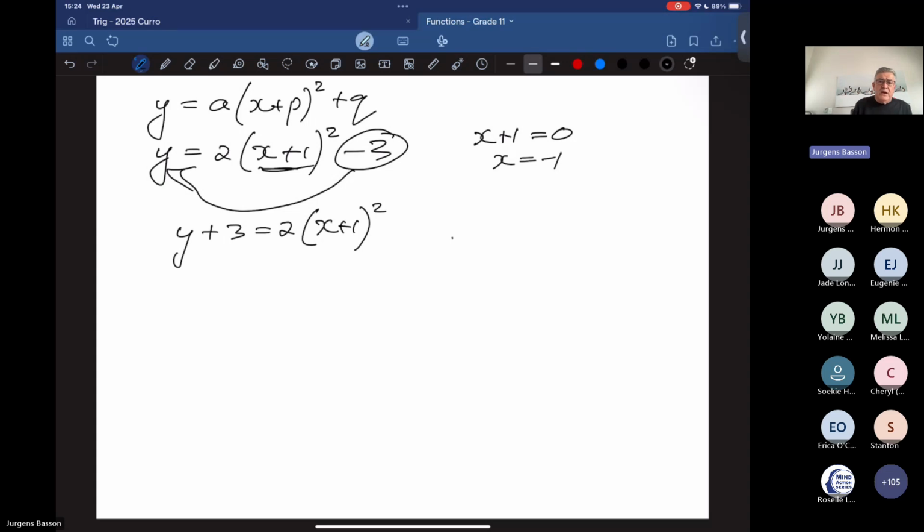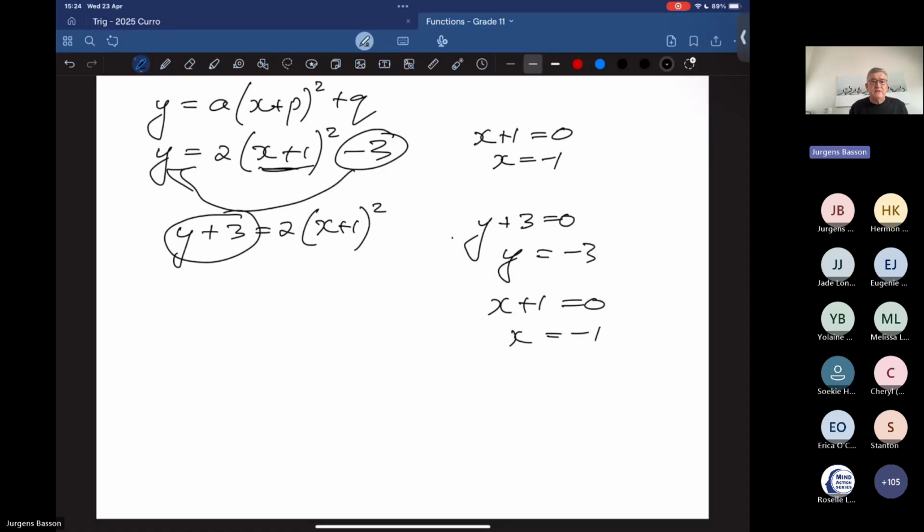If I now want to know what the vertical shift is, up and down, I must take y plus 3 and put it equal to 0, and y is negative 3. Then I know it's 3 units down. And then I take x plus 1 and put it equal to 0, and x is minus 1. So it's 1 unit left.